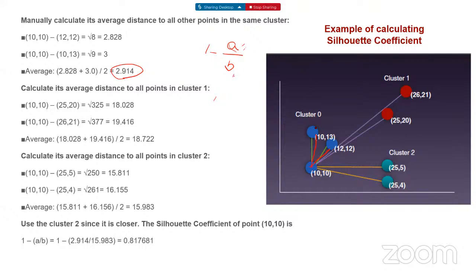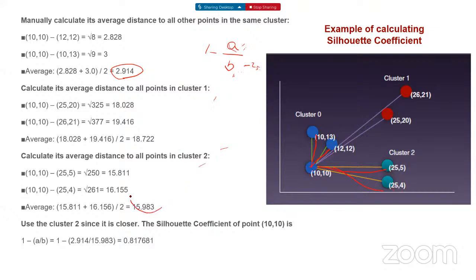And this is the distance to its nearest cluster. So that's cluster 2, obviously. So this distance plus this distance, divided by 2. That's the B. B is to 25: the dots 10, 10 to 25, and 10, 10 to 25, 4, and then divide by 2.